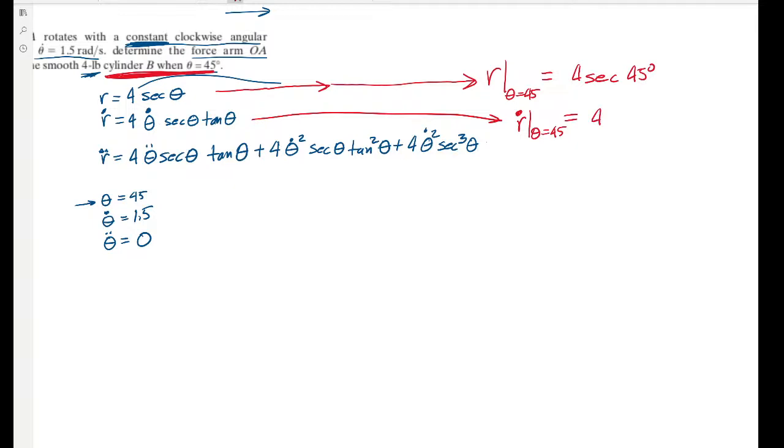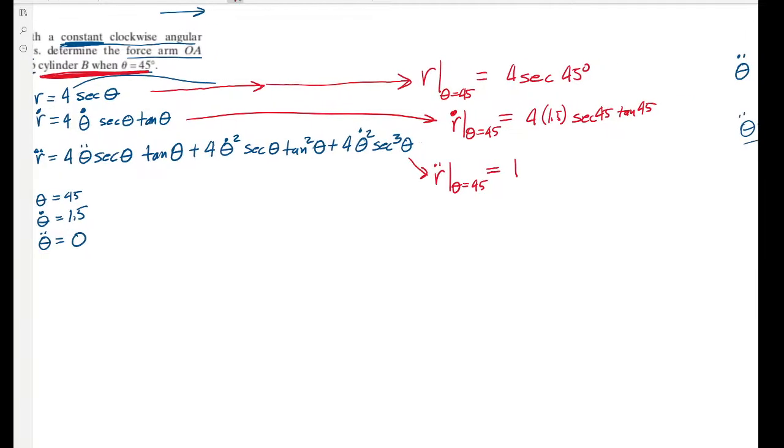Well, the theta dot at 45 degrees is 1.5 because it stays 1.5. So it's 1.5 times the secant of 45 times the tangent of 45. And this last one is r double dot when theta is equal to 45. And that is 4 times 0 times the secant of 45 times the tangent of 45.